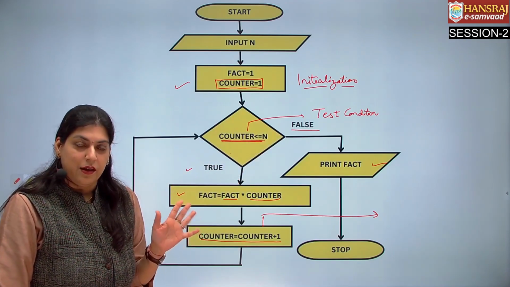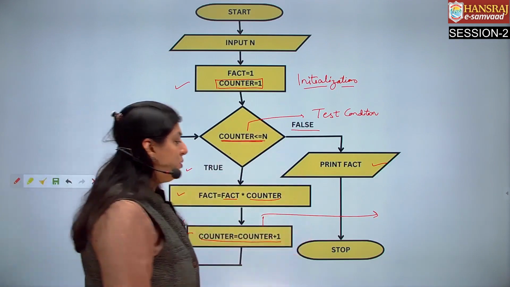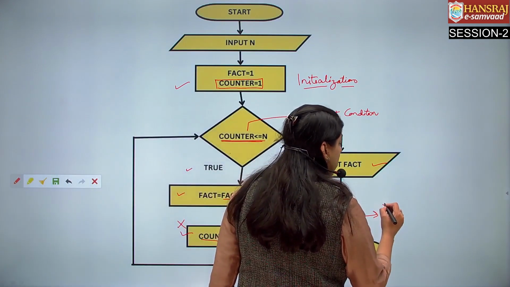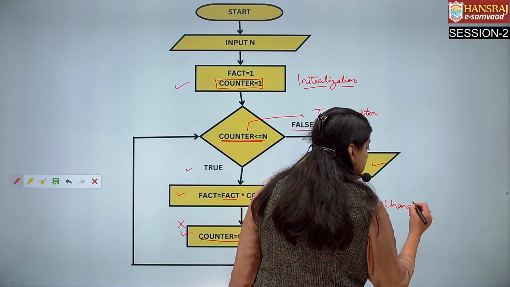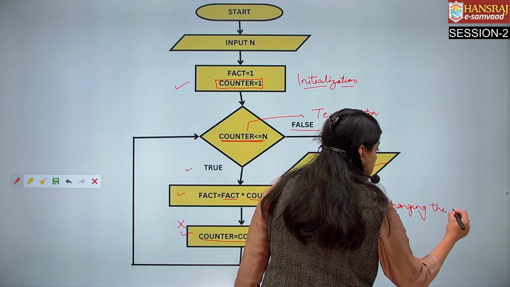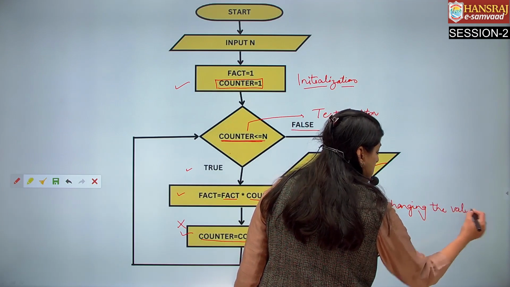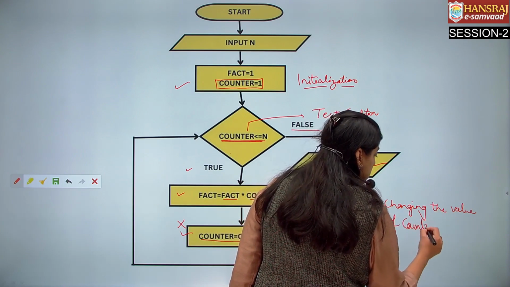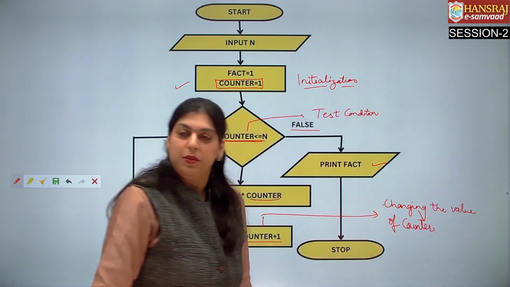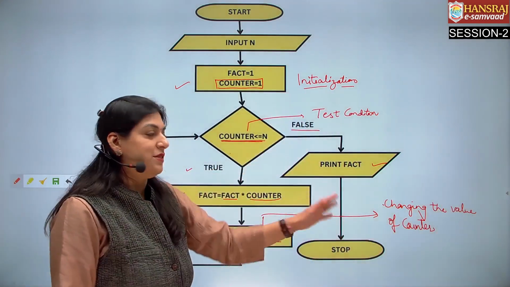Okay, clear? So, 1, 2 and 3. So, you are updating the value of counter. Okay, I am writing it, changing the value of counter. Simple. You have to remember these 3 conditions.